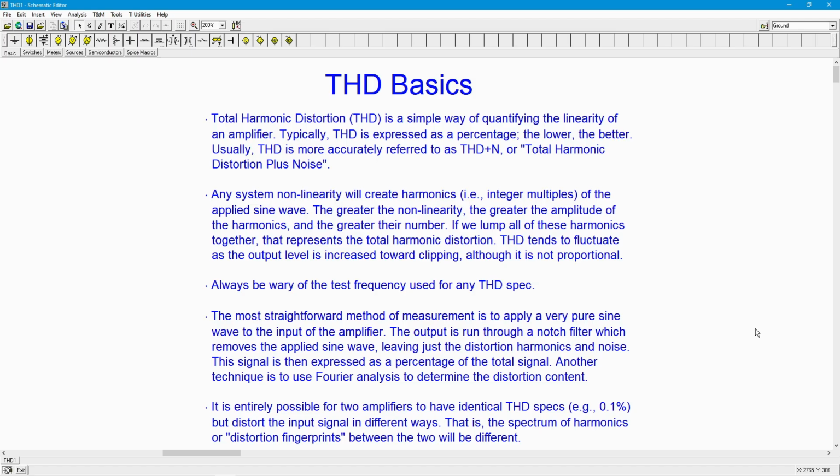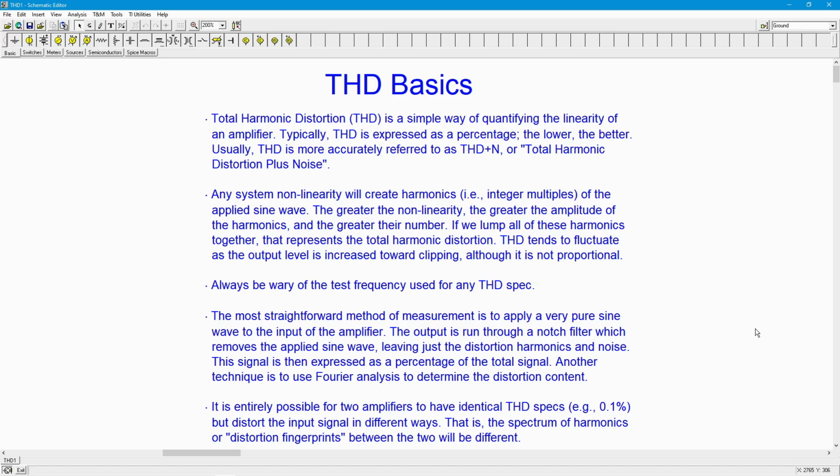Well, there are basically two ways of doing it. Classically, you would get a very pure sine wave source, in other words, a signal generator designed to produce very low distortion, ideal sine waves. You throw that into the amplifier. Coming out of the amplifier will be the original signal plus all these harmonics.